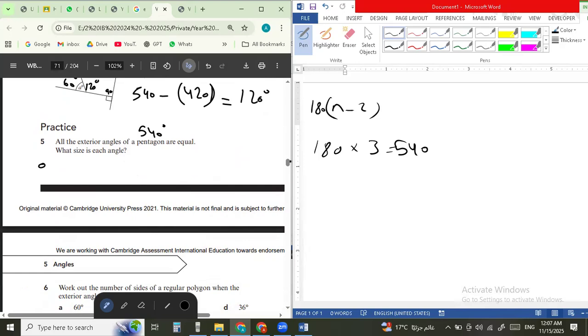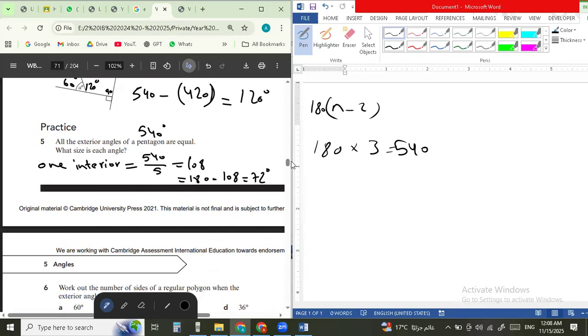So one interior equals 540 divided by 5, which is equal to 108. So the exterior is going to be 180 minus 108, which is 72 degrees.